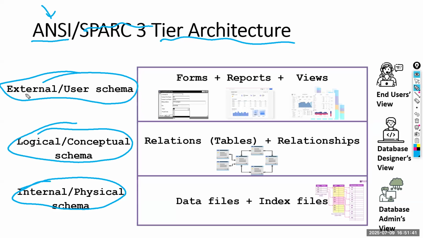So we'll go from top to bottom. The external layer or user layer is the end user's view. End users means cashiers, managers, storekeepers. They interact with your system, and when they do, they indirectly interact with the data or databases. For them, your database is a set of forms, reports, and views.